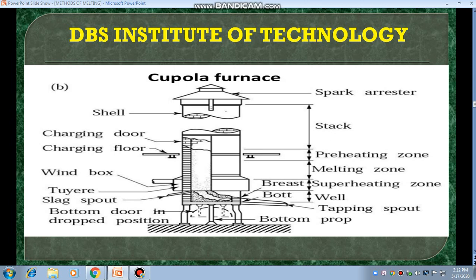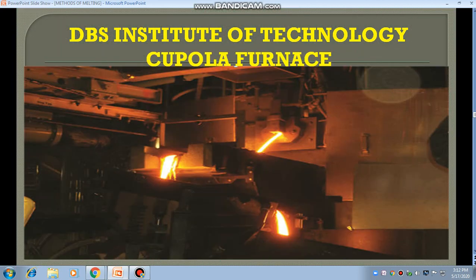Then again under that, the well. After that, the tapping spout, from which the melted material will be collected. This is a cupola furnace, but this is a very heavy furnace, where the heavy industries are using these types of cupola furnaces.